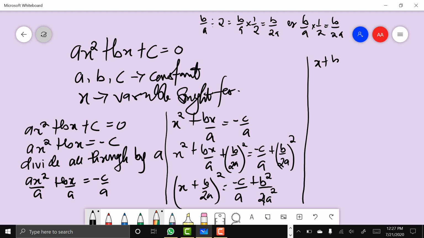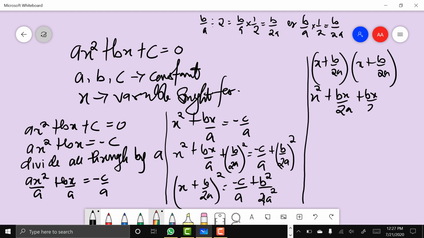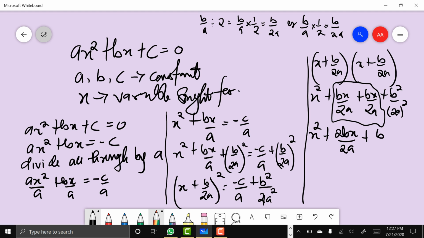Now, I have x plus b over 2a multiplied by x plus b over 2a. If you expand this, you have x squared plus bx over 2a plus bx over 2a plus b squared over 2a all squared. Now this gives you bx over a, which gives you x squared plus 2bx over 2a plus b squared over 2a all squared.